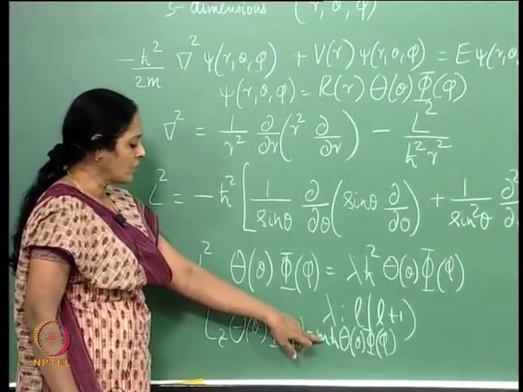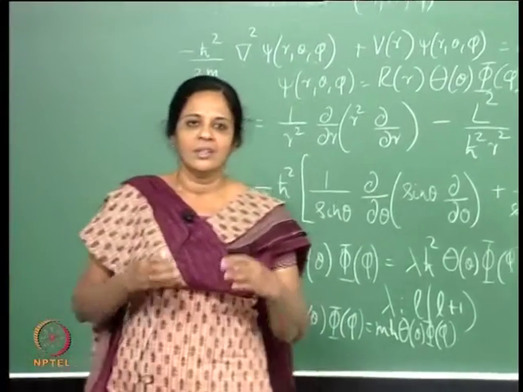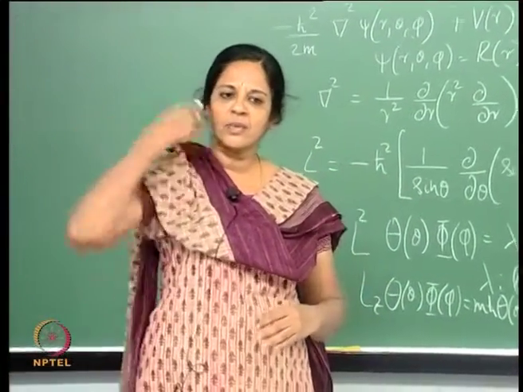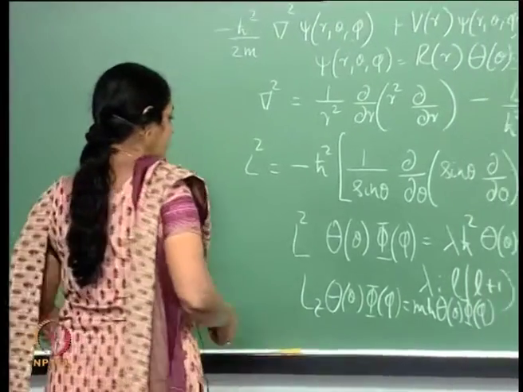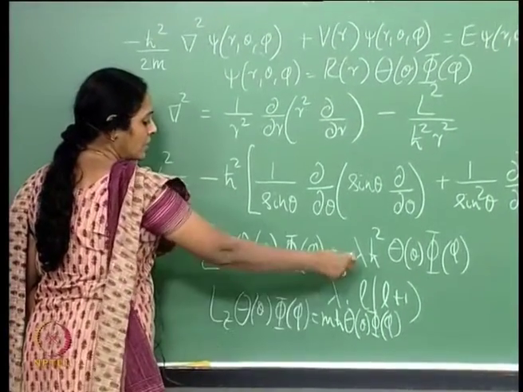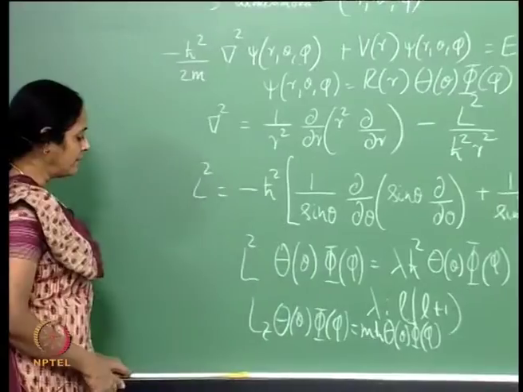In fact, we saw that M could take values only 0, plus minus 1, plus minus 2, plus minus 3, and so on. And therefore, that is going to restrict L as well.